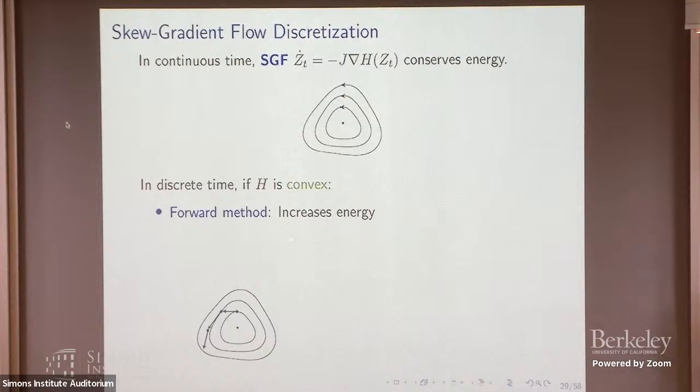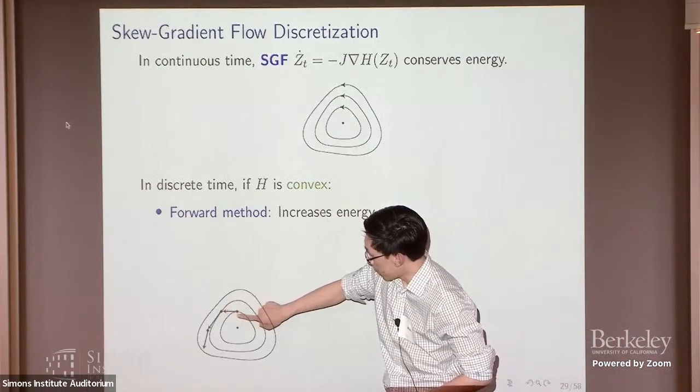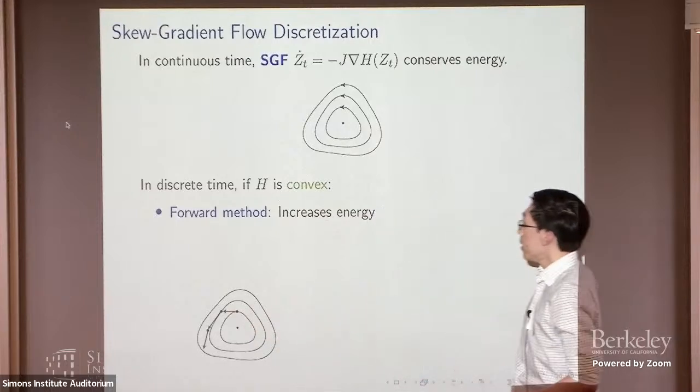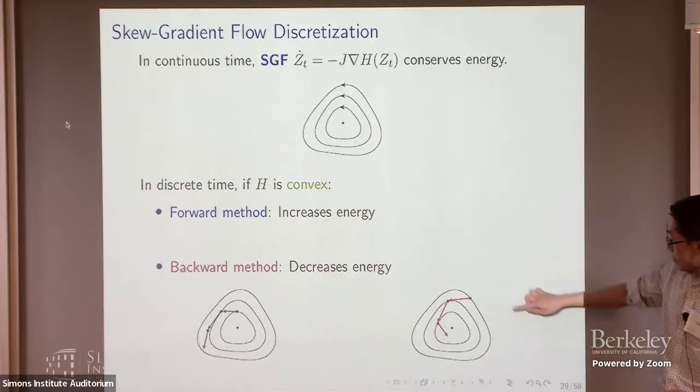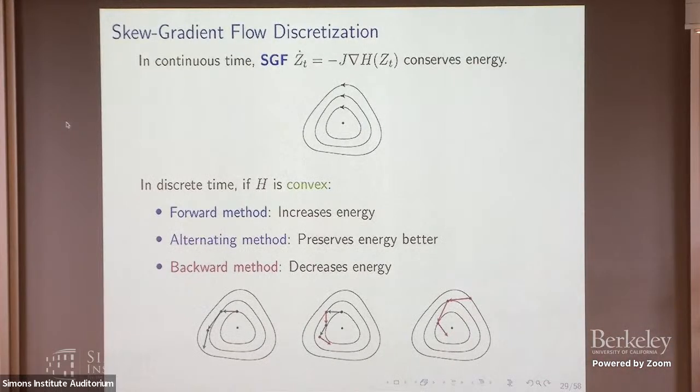The forward method always increases energy because you really go out from your current point. The backward method decreases energy, so it converges. And the alternating method is still a bit more complicated. In general, we expect it to preserve energy better. And there are some bounds we can say about that, which I will get to.